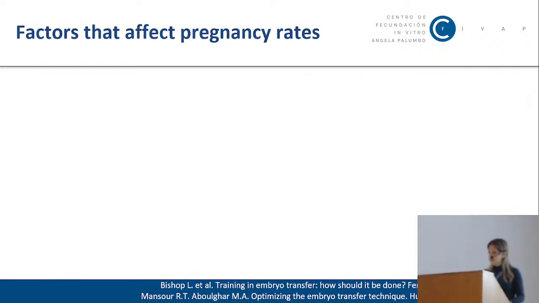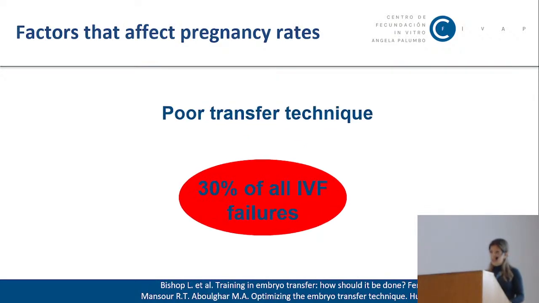It's estimated that a poor embryo transfer technique may be responsible for 30% of all IVF failures, and we will focus on the importance of the use of ultrasound in embryo transfer and the potential use of 3D and 4D ultrasound to improve our technique.